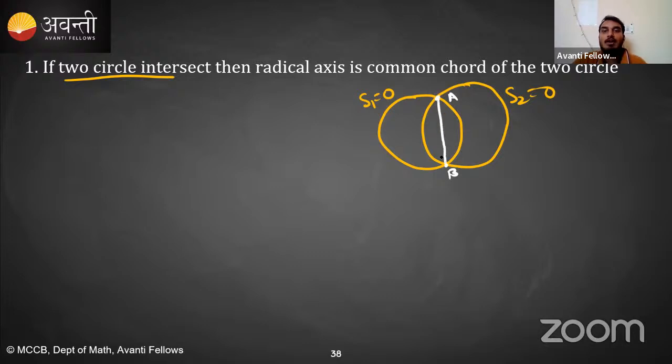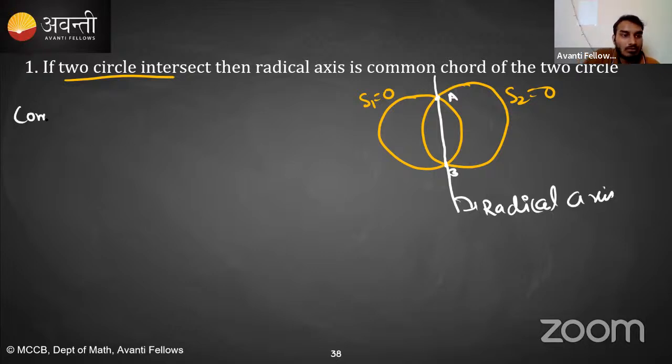If somebody asks you to find the common chord of these two circles S1 and S2, you have to remember that this common chord is also the radical axis of the two circles. So simply, this is also a radical axis.